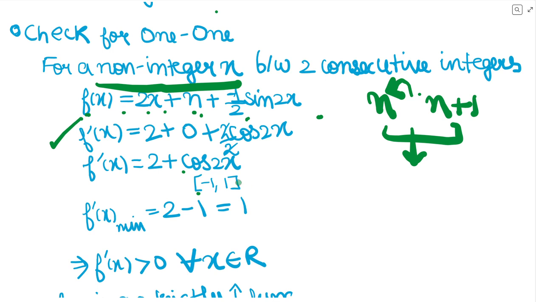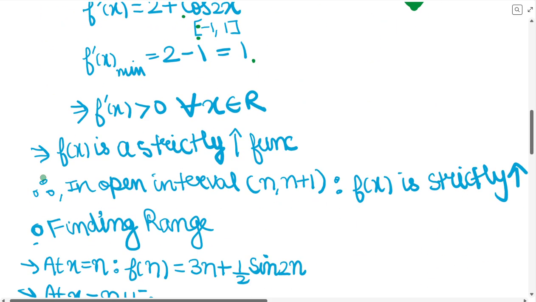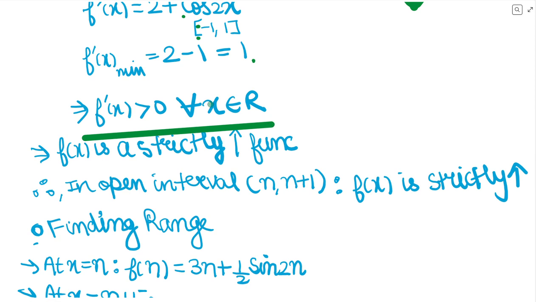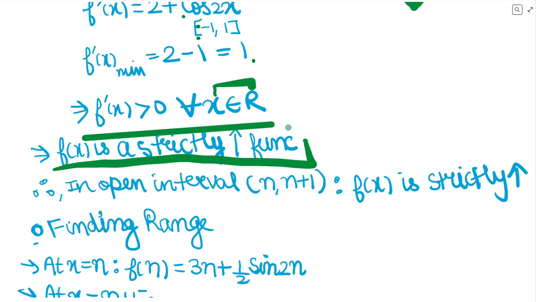So the minimum value of f'(x) is going to be 1, which is only possible when we substitute minus 1 in this place. So interestingly, since the minimum of f'(x) is 1, it is always greater than 0, for any value of x we put. This means that f(x) is a strictly increasing function.